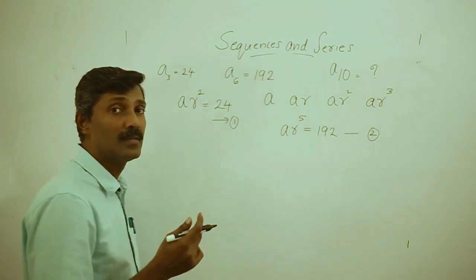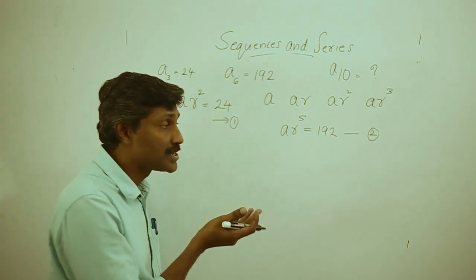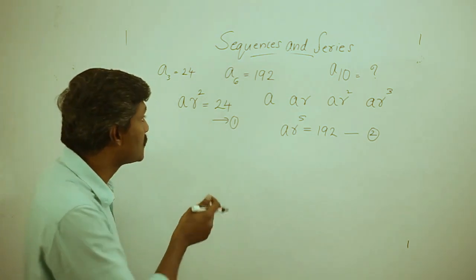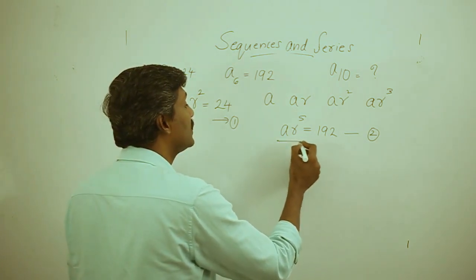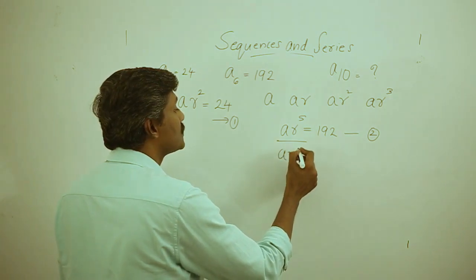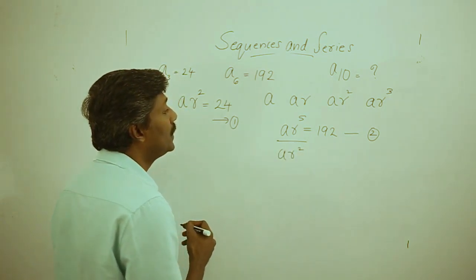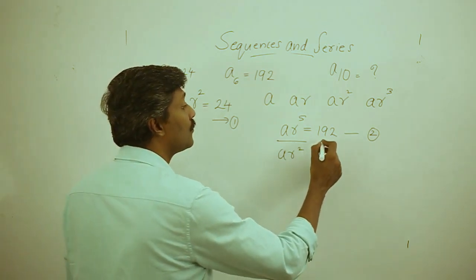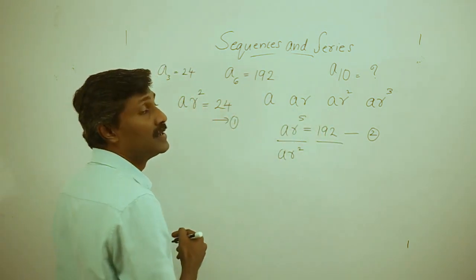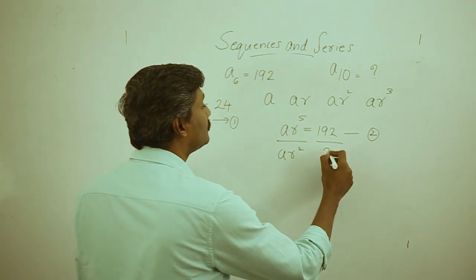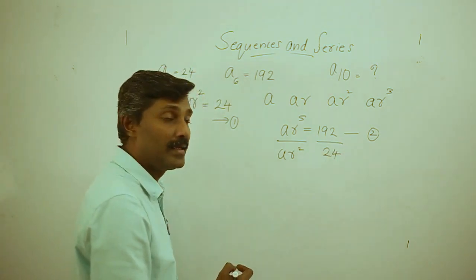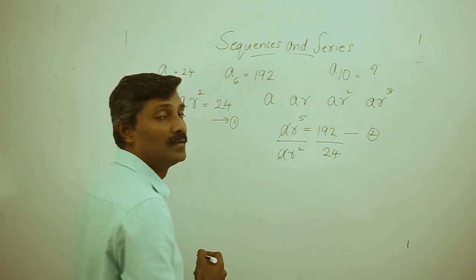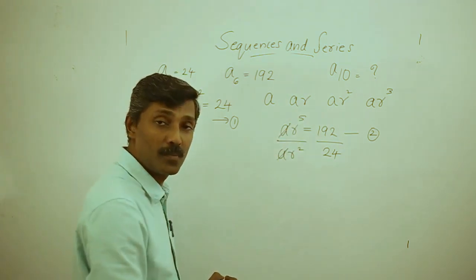Now let's divide the second equation by the first equation. So ar raised to 5 by ar square is equal to 192 divided by 24, right? And we see that a gets cancelled. Now what is r raised to 5 divided by r square?